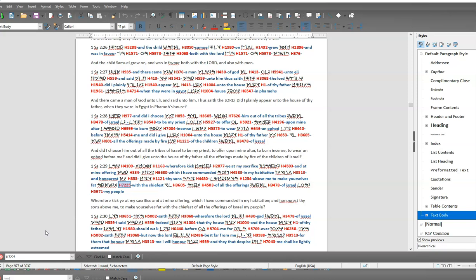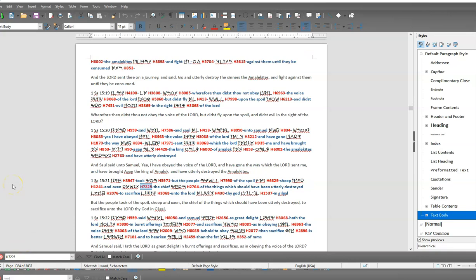So if it's saying lehabriakhem, to make yourselves fat, including Eli, mereshit, would that be the first of the offerings, or do you make yourself fat with the finest of the offerings? I think that's very telling, above a lot of other verses we've seen.